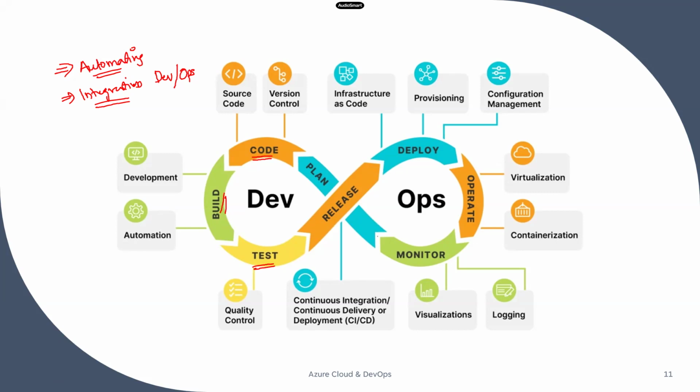So it is starting from plan, build, test, deploy, operate, like continuous integration, continuous deployment or delivery. This kind of thing is there. And in the plan or discover phase, they'll be using some agile methodologies.